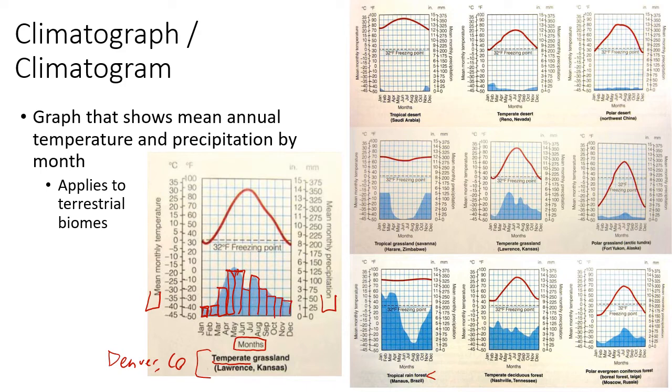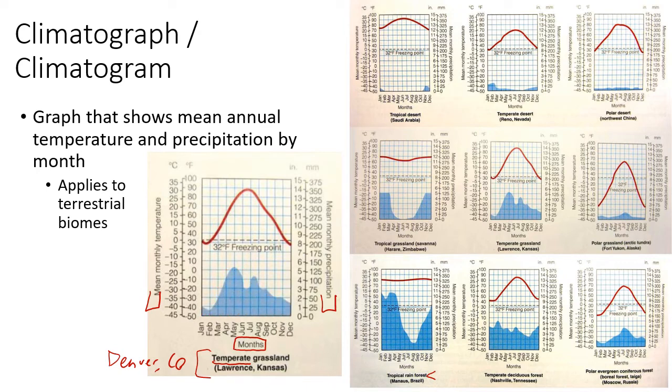If there's a whole lot of precipitation, then your best bet is a forest. If there's very little precipitation, it's going to be a desert or a polar grassland. Moving up with precipitation, you'll get grassland and then forest. So forests are going to have the highest, especially rainforests, and the lowest will be deserts.